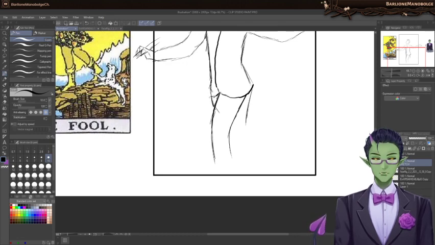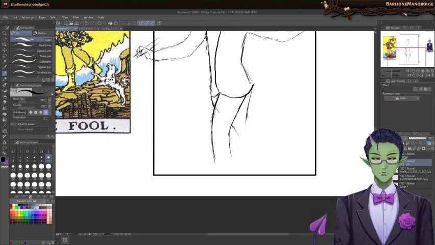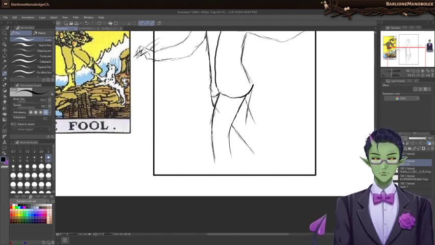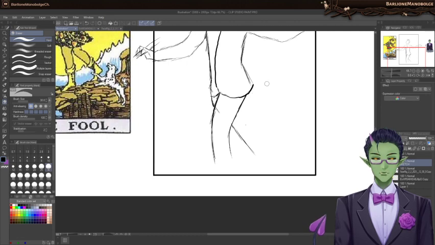I'm drawing far too large again. Okay, and this leg will be mostly straight. But also if I draw that line there, far too wide. Okay.